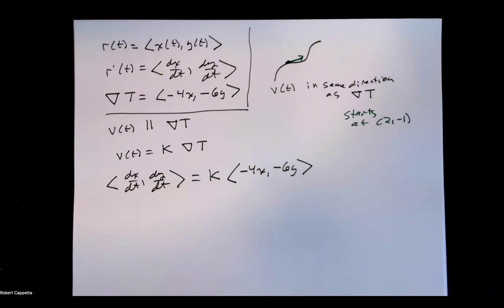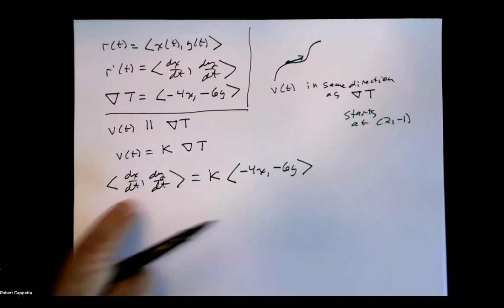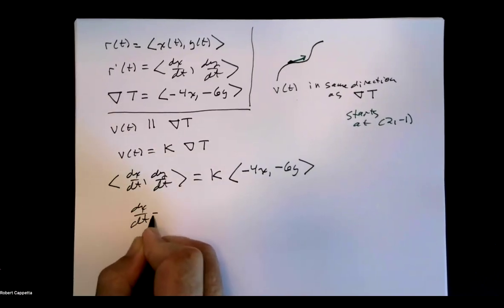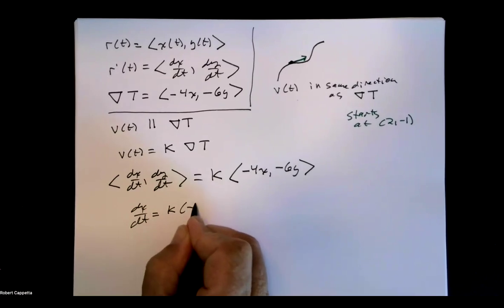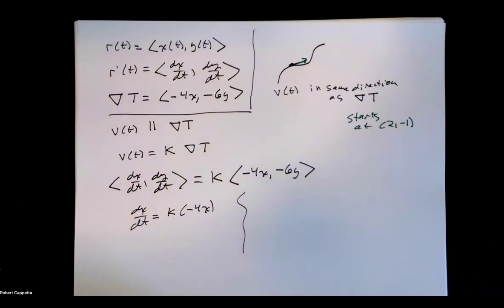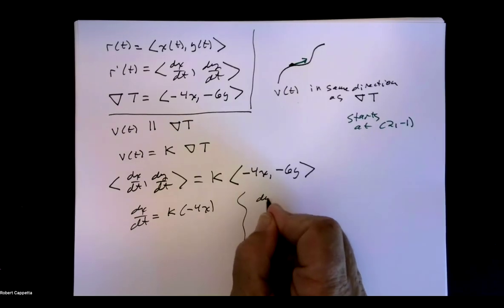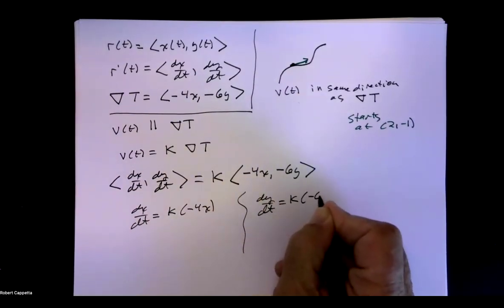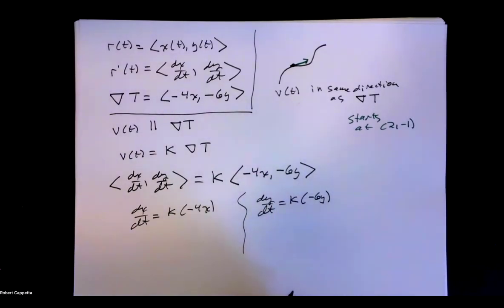All right, so where do we go next with this? We have to think about these two pieces. So dx/dt is some multiple k times -4x, and dy/dt is that same multiple k times -6y.